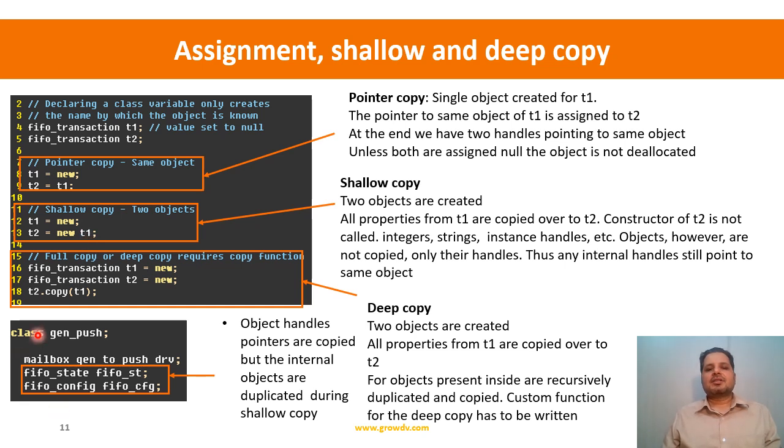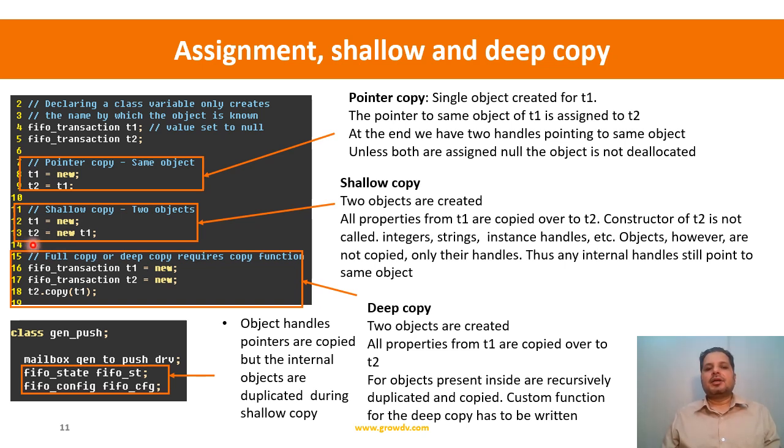Now let's say we have a gen push, and I have declared two objects within this particular class. The values of these two handles also get copied when I do this. When that gets copied, those are still pointing to a common object.